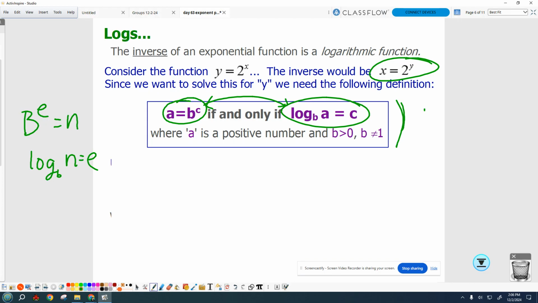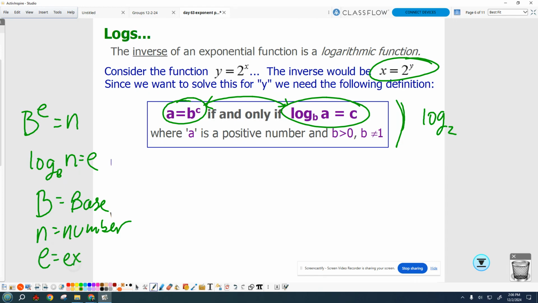B is the base. So the base in this one is 2, so log base 2 of n in this thing is some number. Oops, I just got my letters confused. I just can't spell.